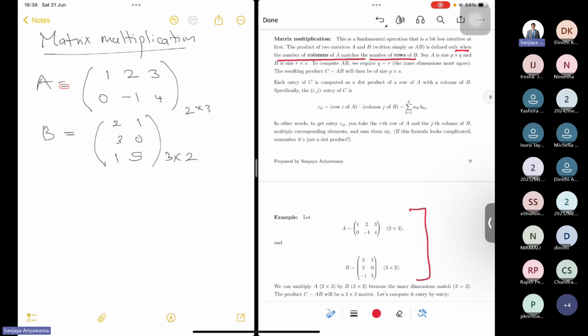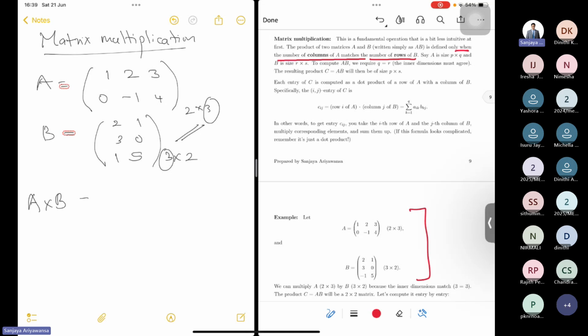In the example that I've taken, the number of columns is 3 in your first matrix because you're multiplying A times B, and the number of rows in your second matrix is the same. So these two are the same. That needs to happen for you to calculate the multiplication of these two matrices. That's the first thing you have to check. The number of columns in the first matrix and the number of rows in the second matrix should be the same.